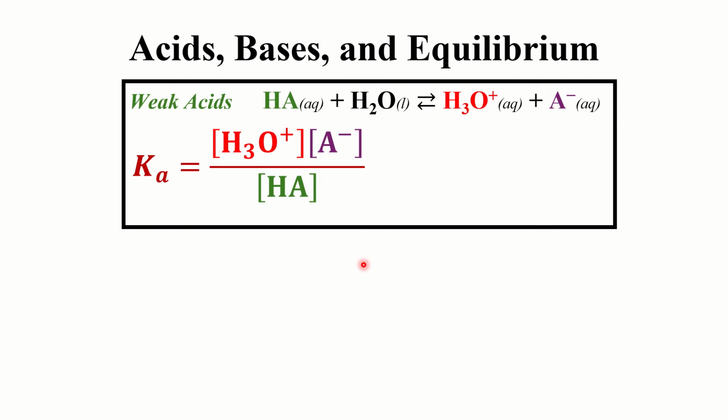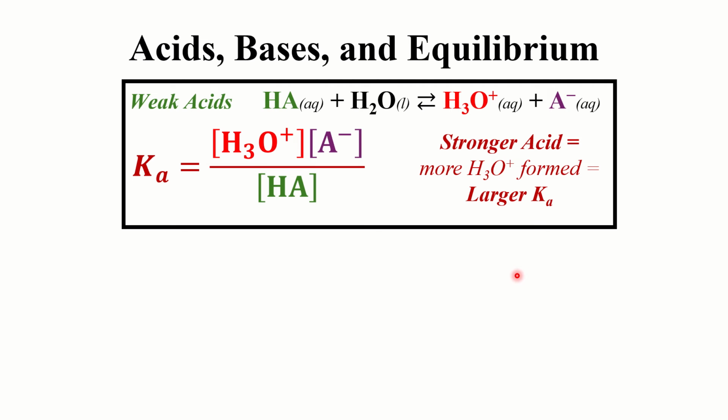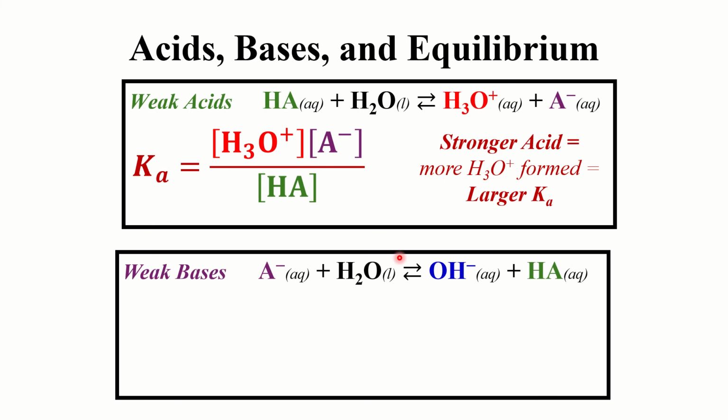Here we define Ka as the concentration of H3O plus times the concentration of A minus divided by the concentration of HA, again noting that H2O is not included because it's a liquid. So the stronger the acid is, the more H3O plus is going to be formed, meaning you're going to have a larger Ka value. So the bigger Ka is, the stronger the acid is.